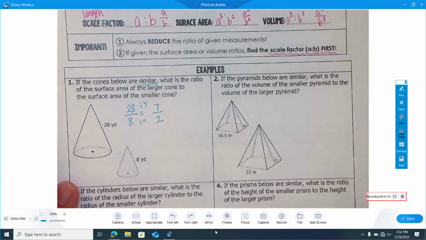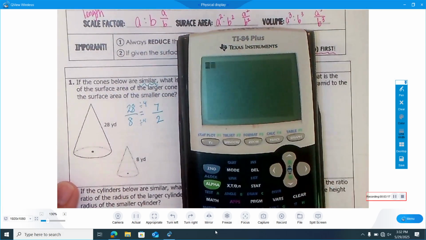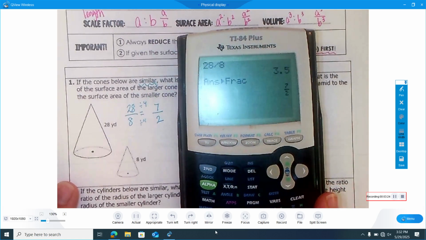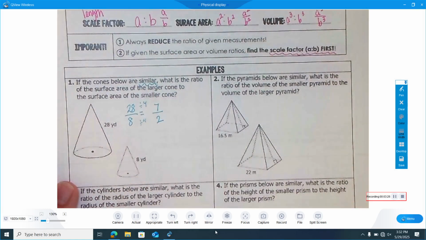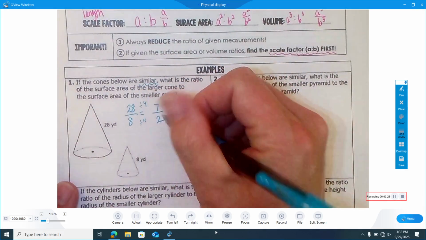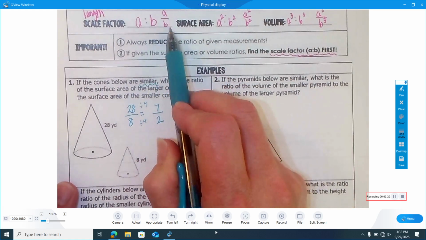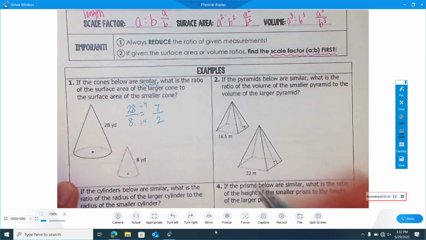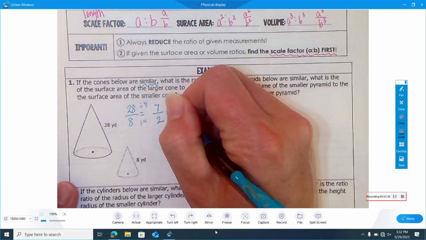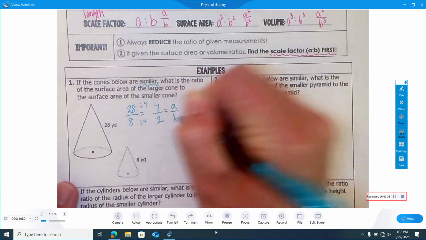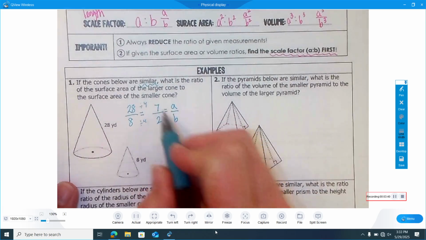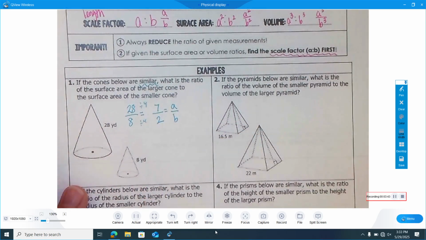Of course, you can use your calculator. 28 divided by 8, get a decimal, and then math bracket, we get 7 halves, okay? So however you do that. These, because we started with linear units, are going to give us our scale factor, A and B. So this is A over B, which means the A is 7 and the B is 2.